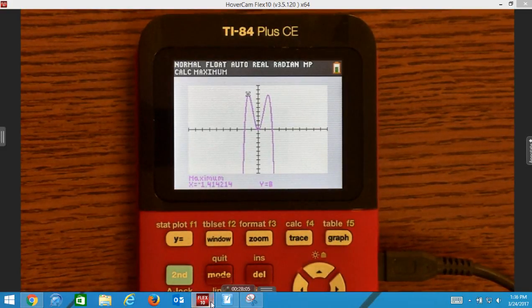Second trace. This is the couple button. That's where all the fun stuff is. That maximum point, you're going to write on the screen that says relative extrema.